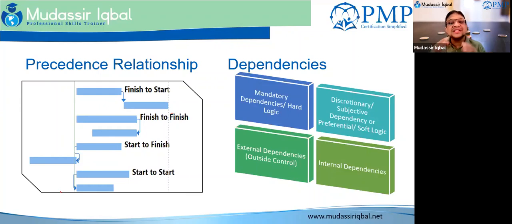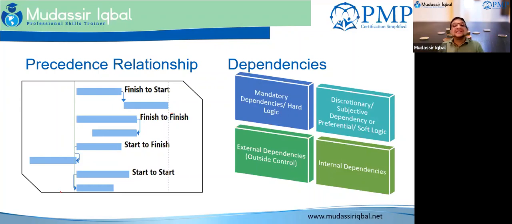This is a physical limitation. There is no way that you can change it. Floor 2 can be done after floor 1. The foundation has to be done so that you can start building the structure. This is a mandatory relationship. You cannot change it. This is how it has to be done.